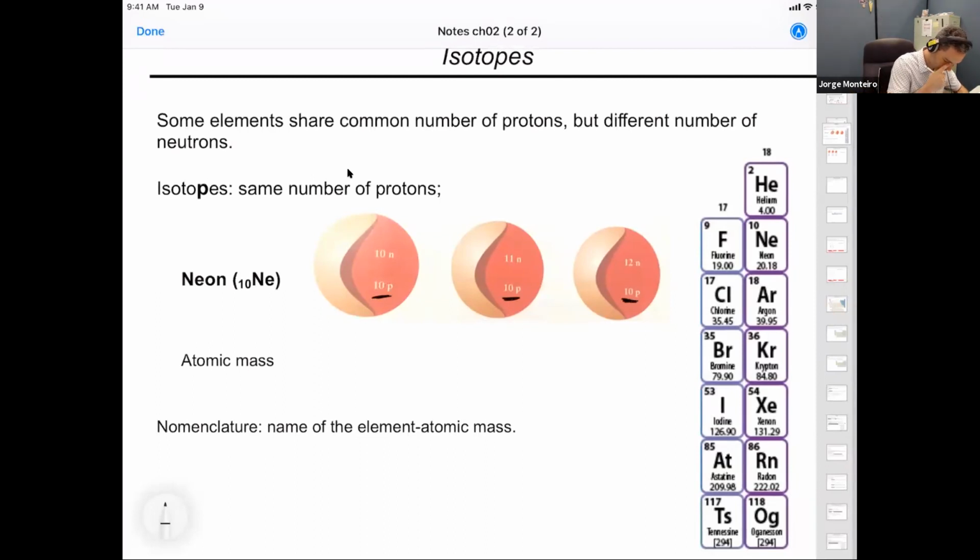Here I'm calling it atomic mass, which is the same thing. For the first one, we have mass number 20, just adding neutrons to protons. The second one is 21, and the third one is 22.